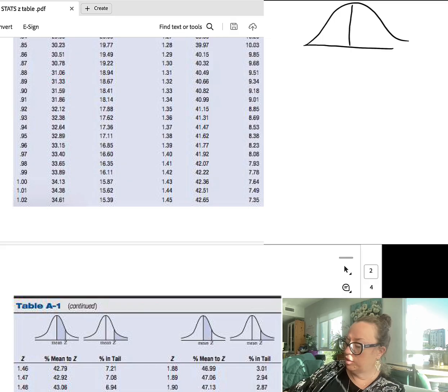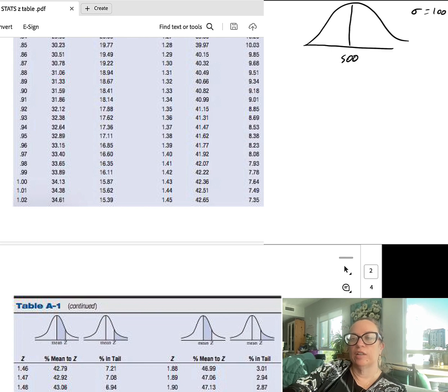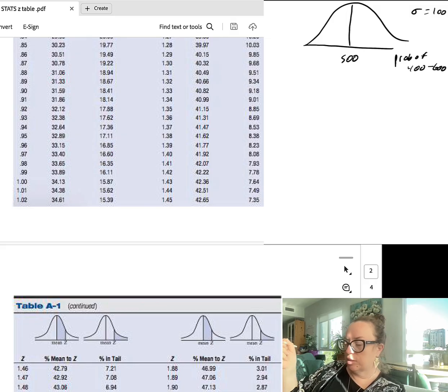The mean is 500, and a standard deviation of 100. Okay, so what is the probability that a randomly selected student scored between 400 and 600? Okay, probability of 400 to 600.